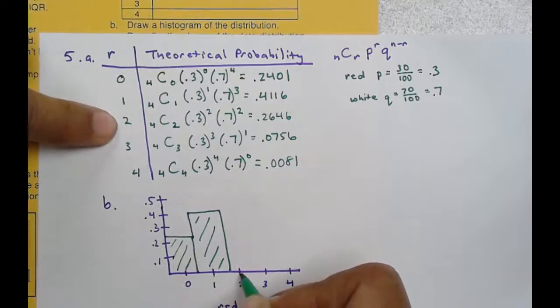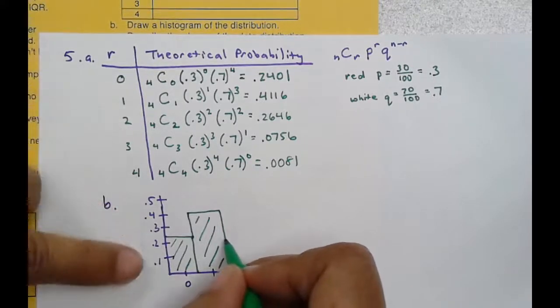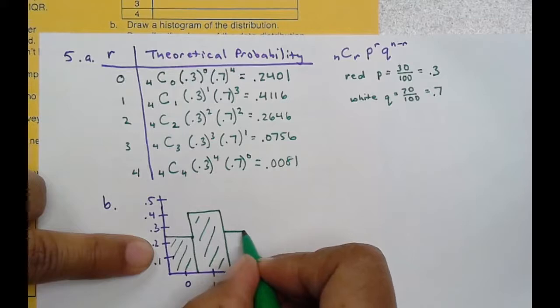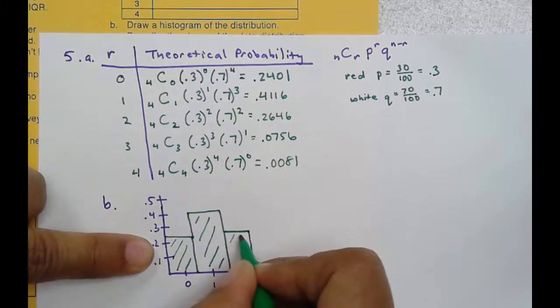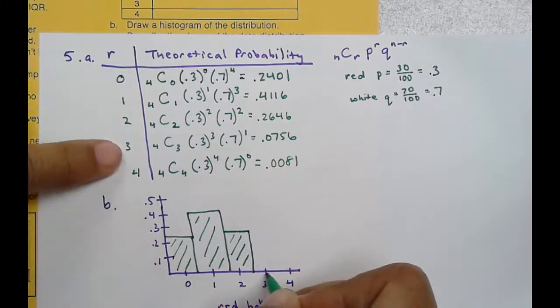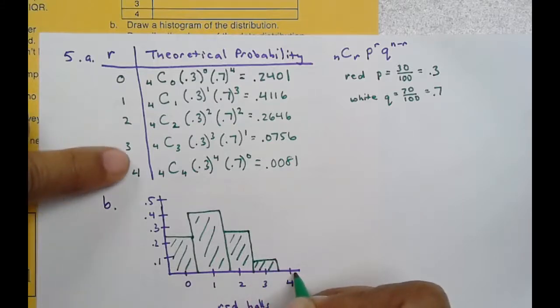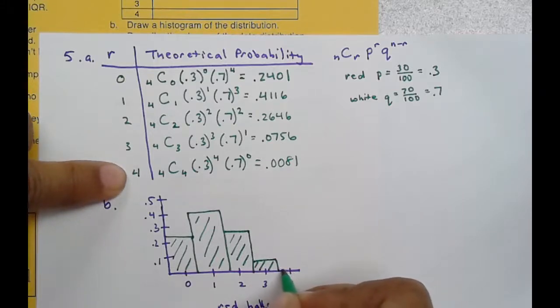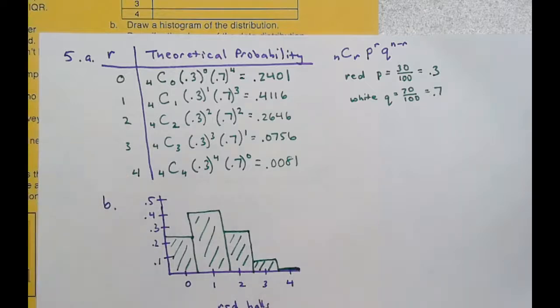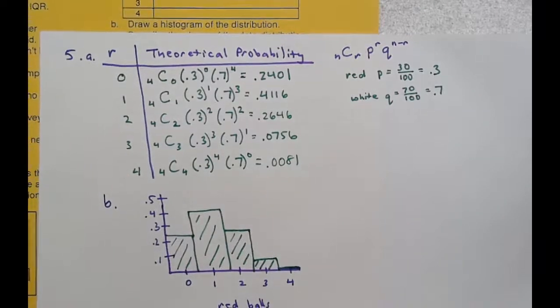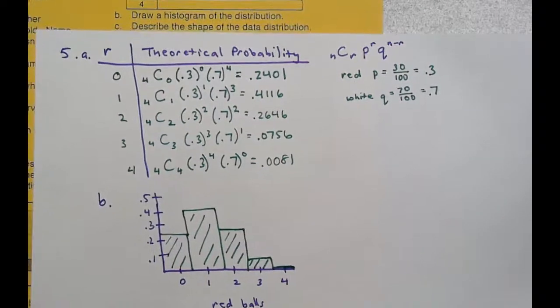All right, and then at 2, we're at 0.26, so 0.26 is right here. And then for 3, we're at basically 0.07, so that's much lower down here. And then at 4, we're at 0.008, so that's hardly anything, and I'll just kind of put in a line down here. How about that? Okay, so that's our histogram.